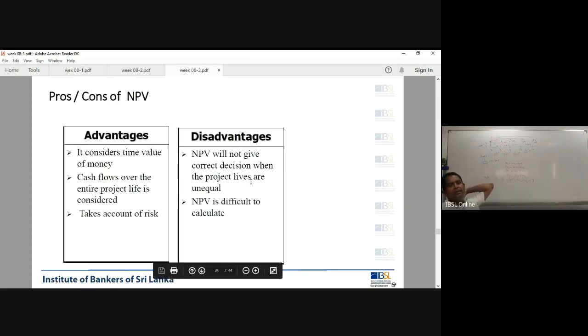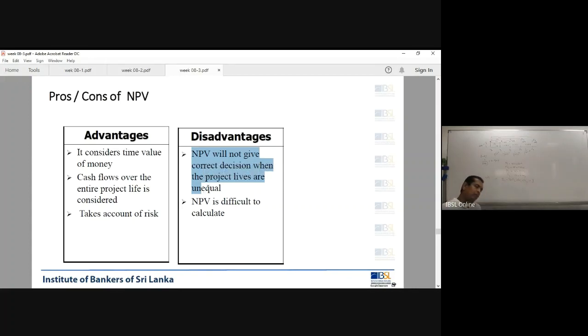Advantages and disadvantages: we are using the time value of money. Cash flow over the entire project is considered, and it takes account of risk, the time risk we are taking. Disadvantages are NPV will not give the correct decision when the project lives are unequal.